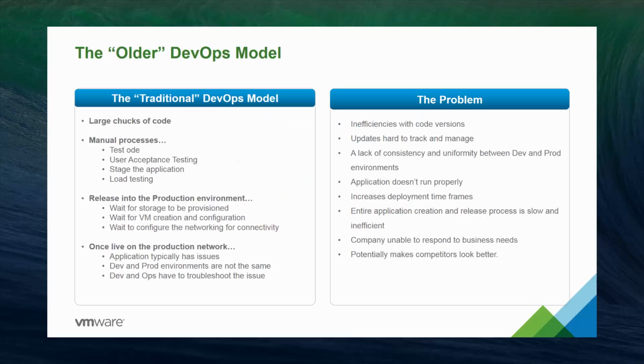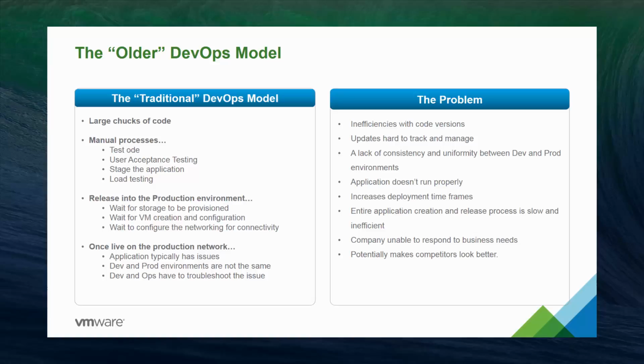With the older, traditional DevOps model, developers typically created large chunks of code for new applications that took quite a while to create. They then had to perform manual processes such as testing the code themselves. Then there was a phase of the application lifecycle doing user acceptance testing, where you have a subset of users who are going to test out the application.